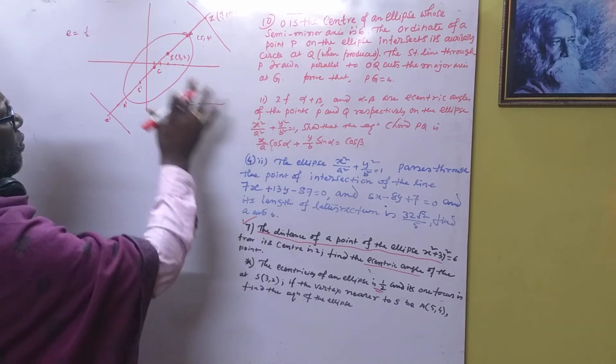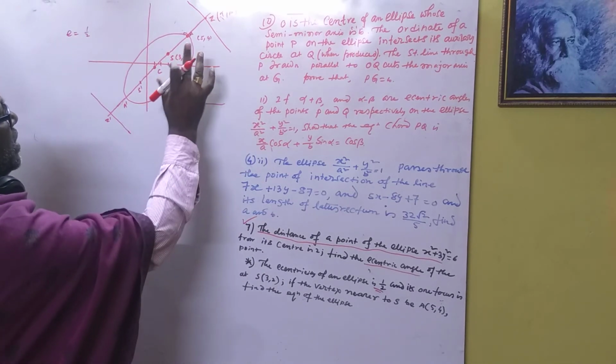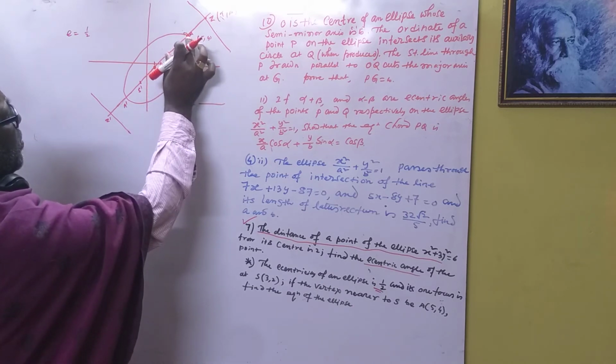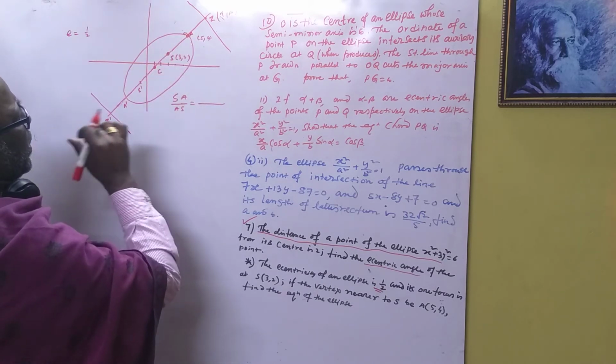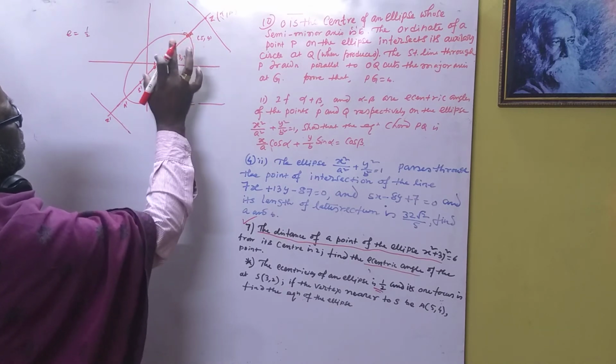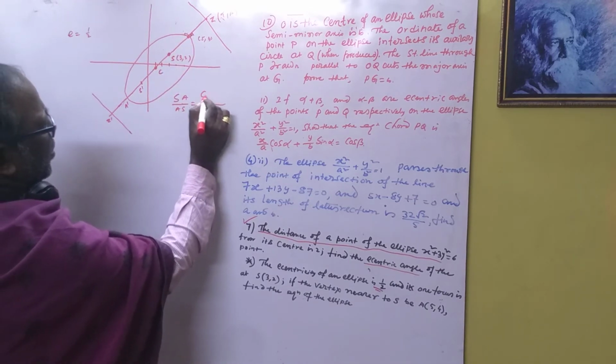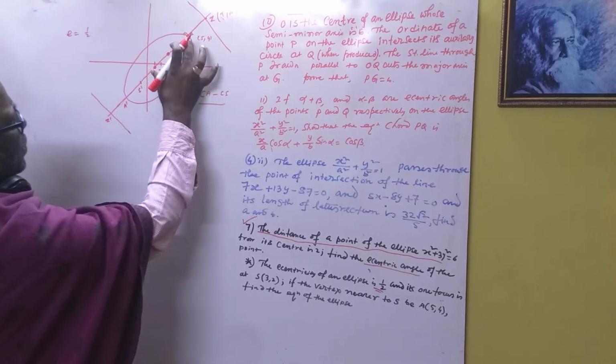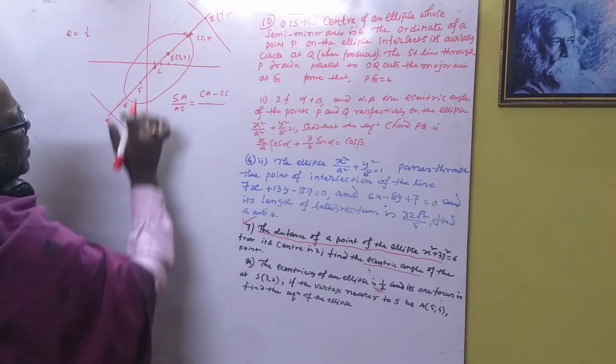So now for the basic drawing, this distance is called SA here. SA means CA minus CS.